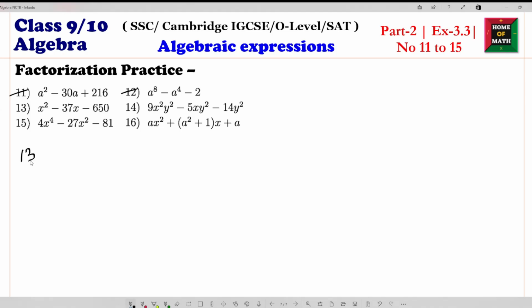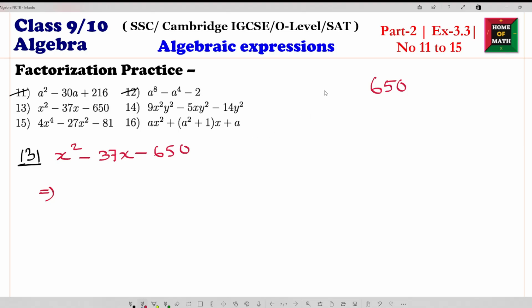Now number 13. Here is x square minus 37x minus 650. So for this 650, we should find two numbers which by multiplication give 650 and by addition give 37.